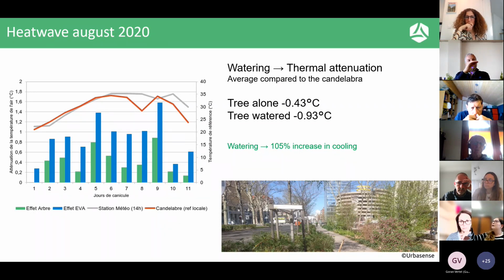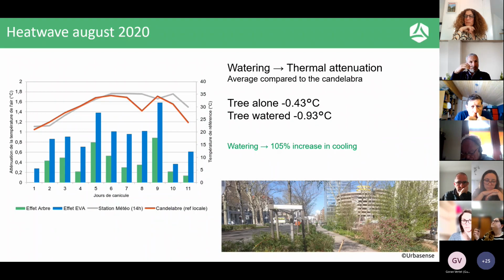The curve in red is the temperature on a pole where there are no trees at all on the street. And in blue, it's the temperature on a pole between the trees that are watered with the irrigation system.